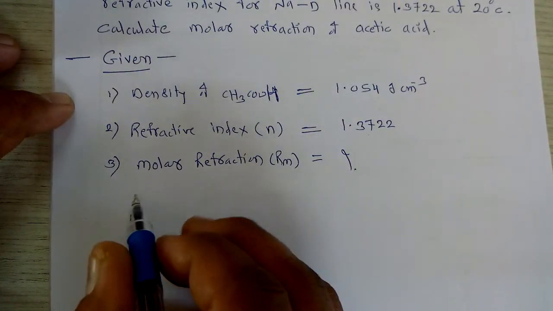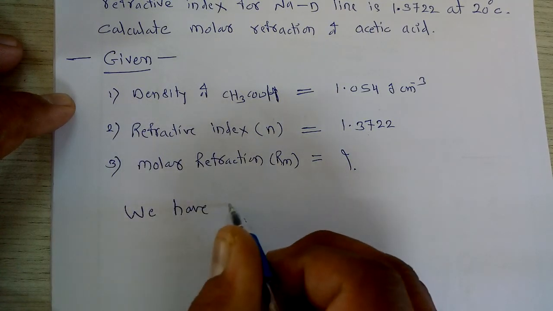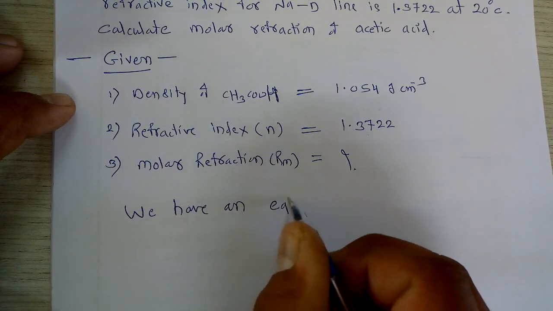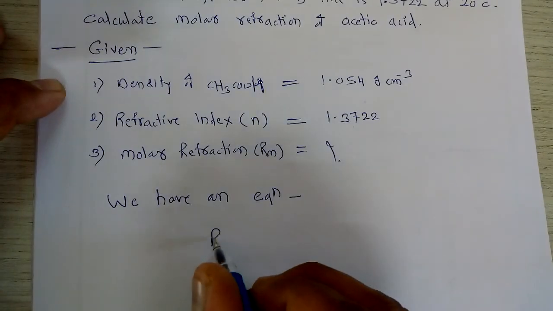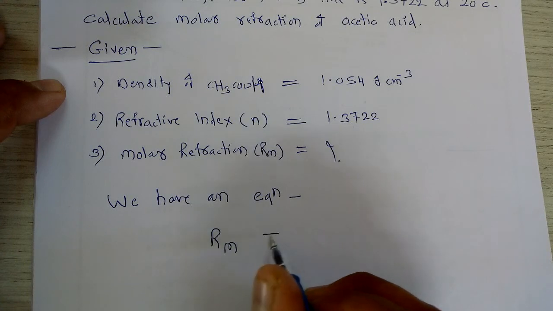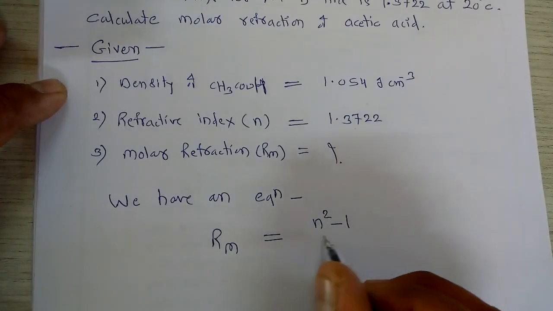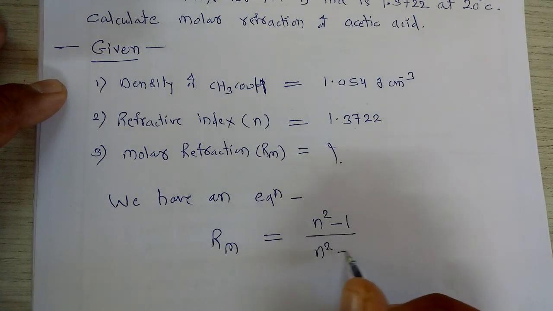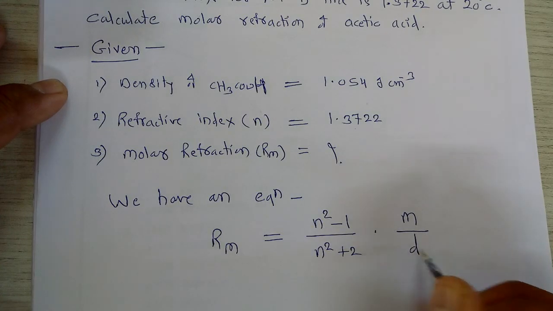So we have an equation for this molar refraction: Rm is equal to n square minus 1 upon n square plus 2 into M upon d.